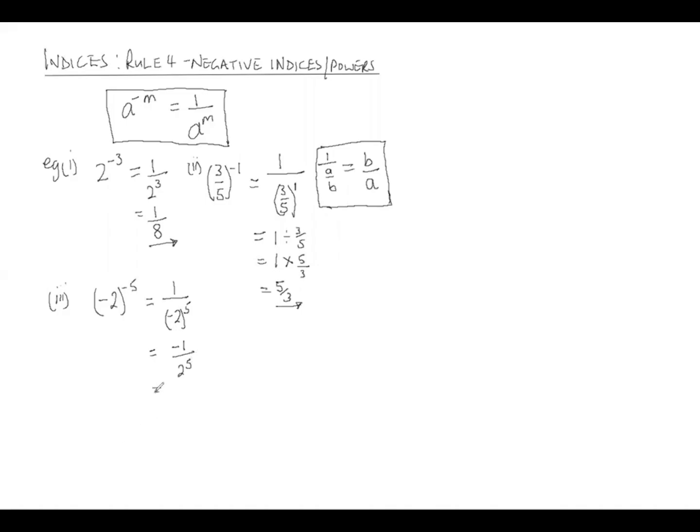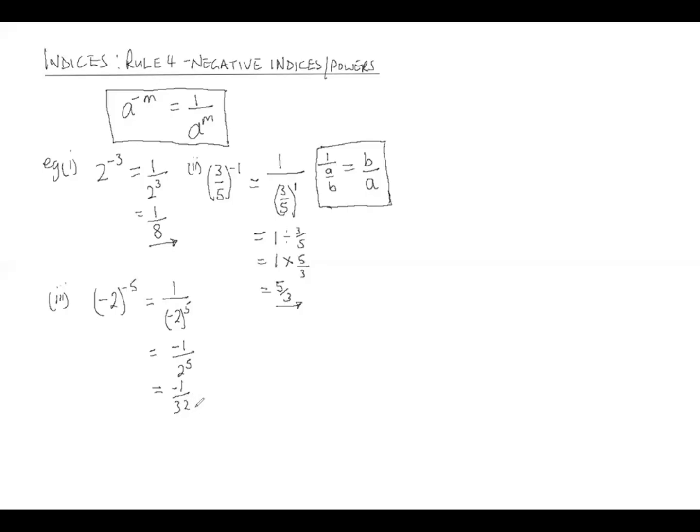Whenever we write a fraction, it's an international standard that the minus has to be on top if it was at the bottom. So 2 to the power 5, if you want to put it, that becomes 1 over, so that's 2 times 2, 4 times 2, 8 times 2, 16 times 2, we get 32.